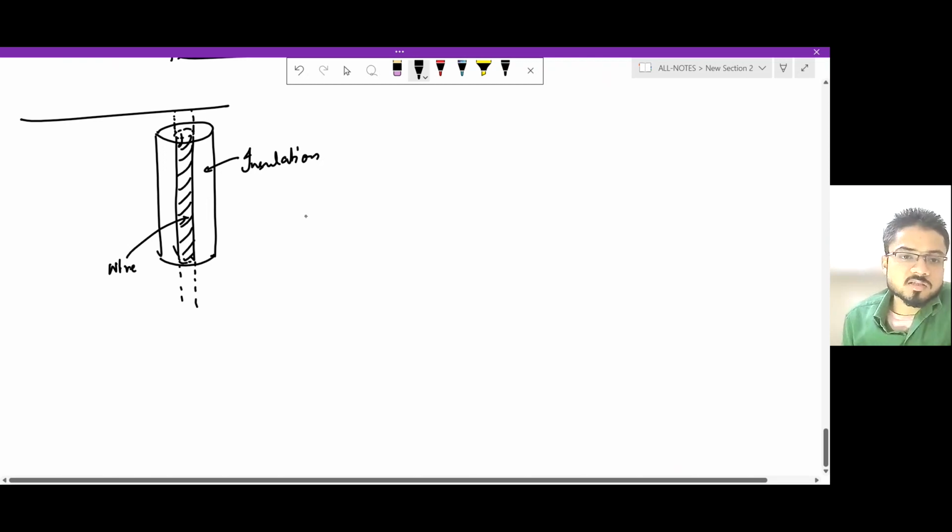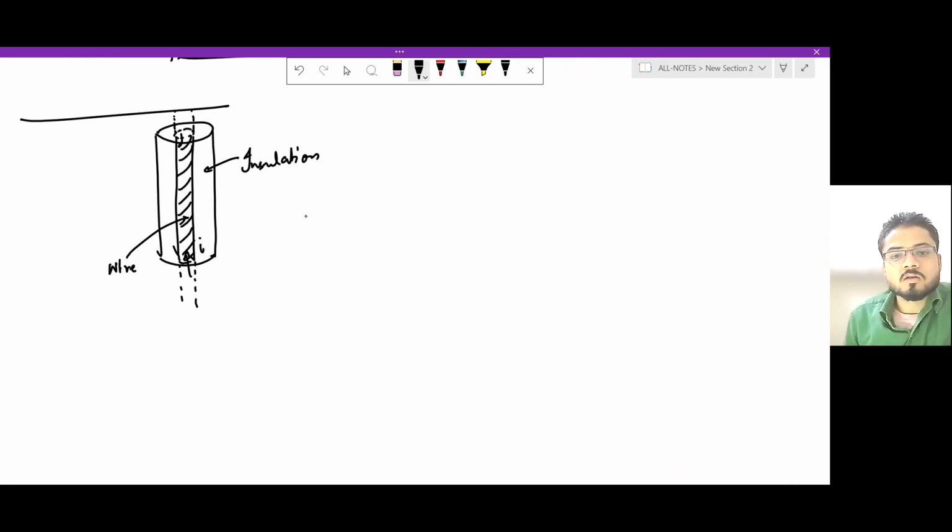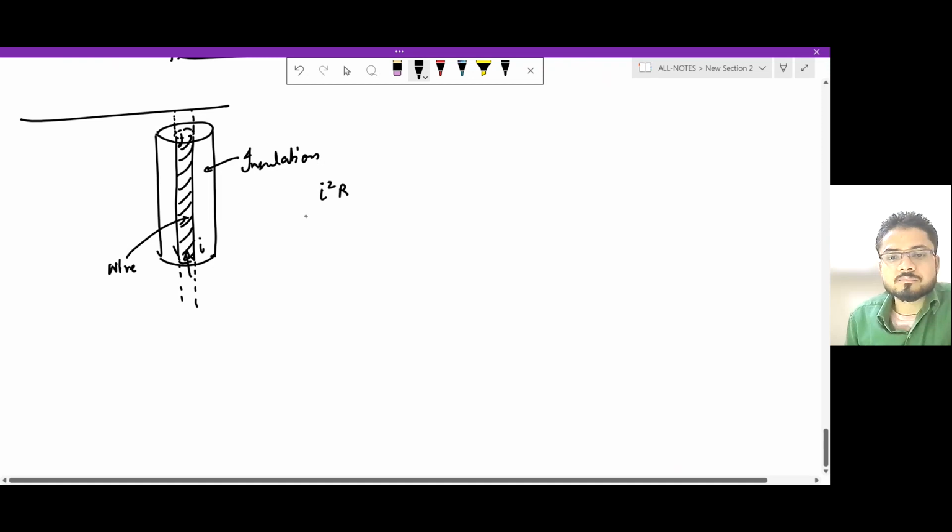Since this is carrying a current, let's say I, this copper element is producing heat at the rate of I squared R, where R is the resistance of this wire.